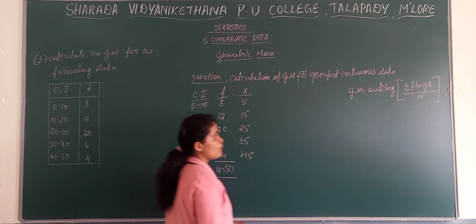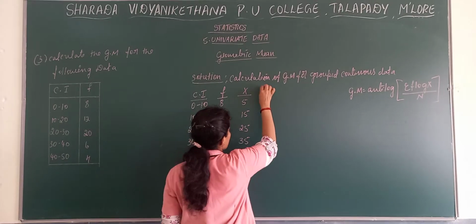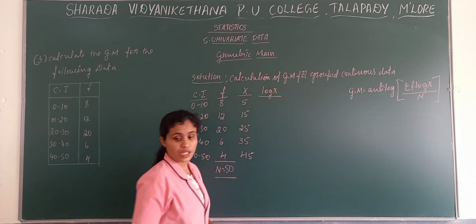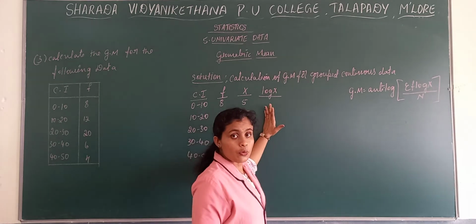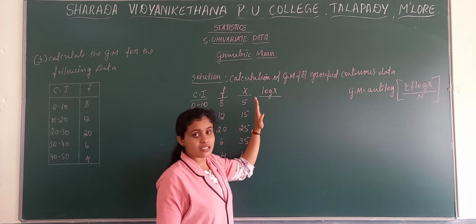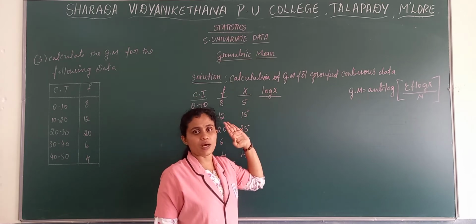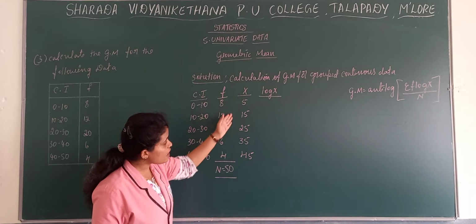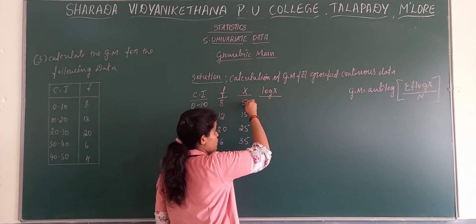Now in the next column we need to prepare the log of x. Next write there log of x. Now as I said, in case of log we have two parts, that is characteristic and mantissa. Characteristic is the part before the decimal, and mantissa comes after the decimal. Now firstly we write the characteristic for these x values.